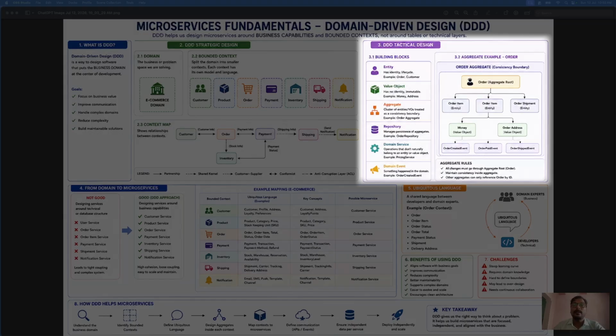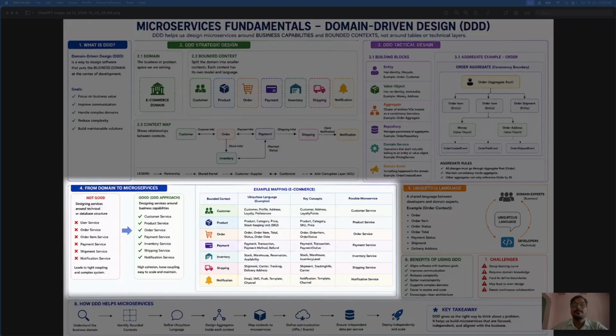Correct? Now look at the comparison on the left side, point number 4. Many beginners design services around technical layers. For example, order controller, order repository, order database, payment table, customer table. This creates a tightly coupled system. Domain driven design teaches us to design around business capabilities, right?